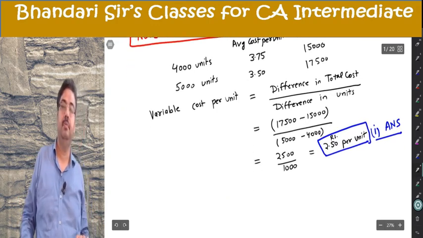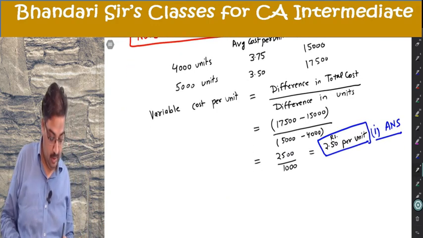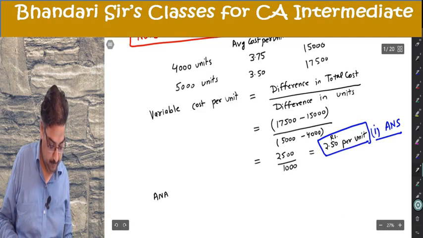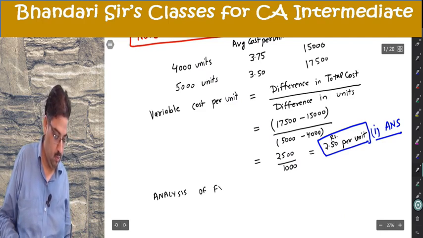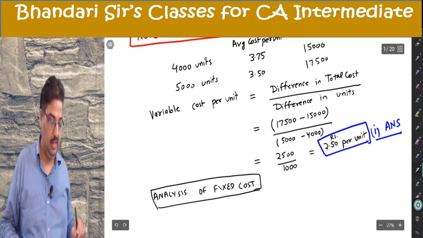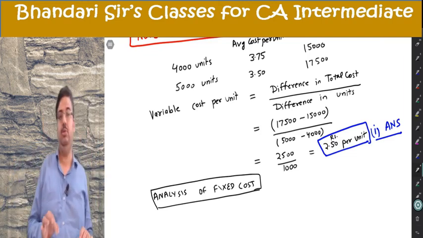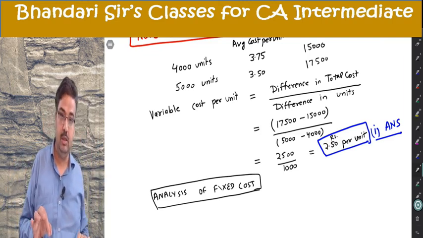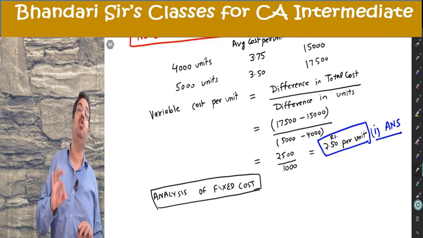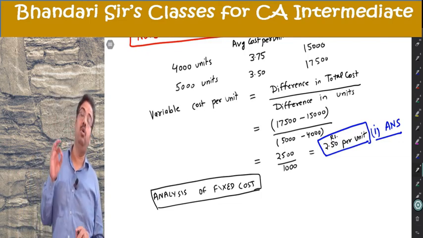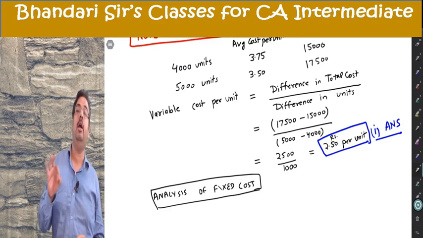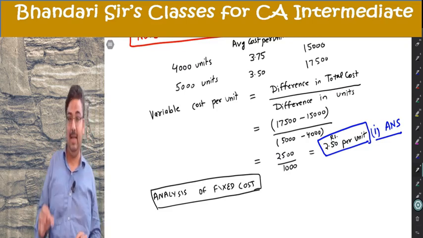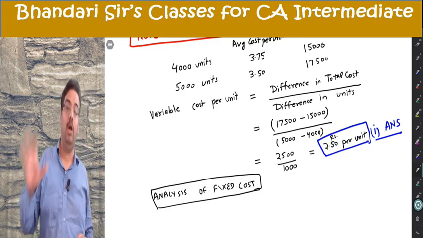Very simple. Now I reach analysis of fixed cost. It is your choice. You can analyze from 4000 units, you can analyze from 5000 units. Because it is fixed, it is bound to be the same. I will do it from both of them for your understanding purpose. Sitting in exam, do any one of these.